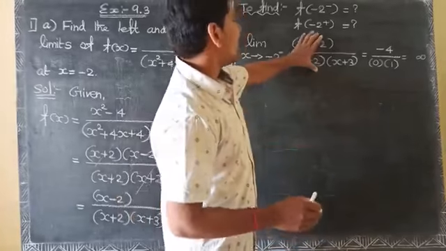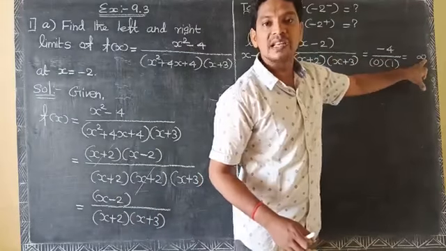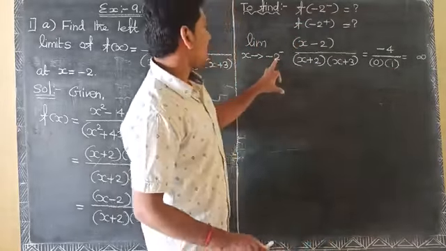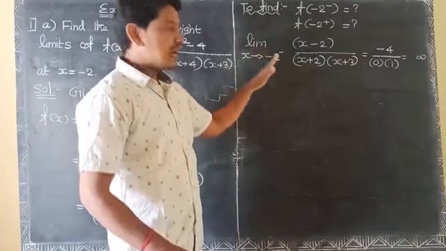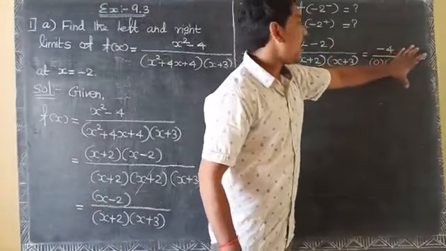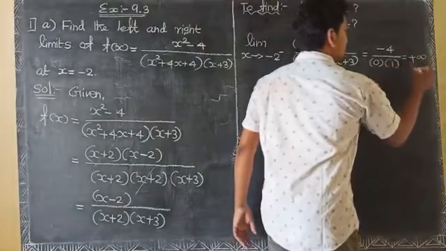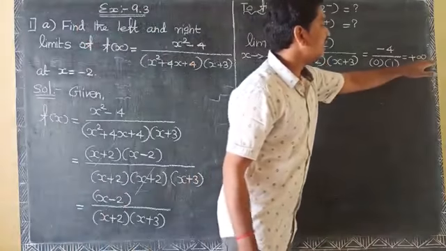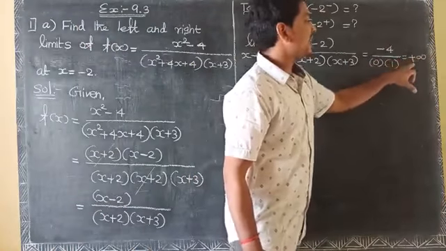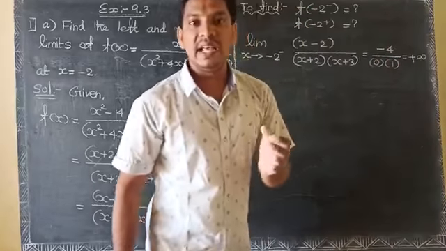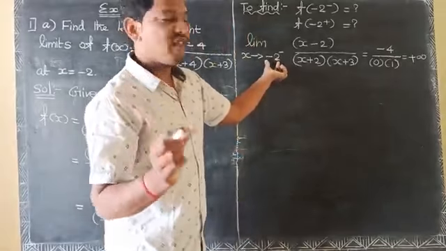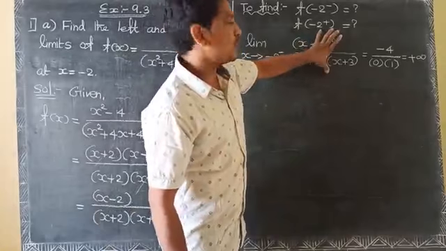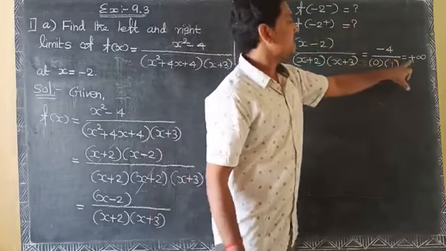How to identify whether the function approaches plus infinity or minus infinity: we take a deleted neighborhood point of minus 2 from the left side and substitute the value into the function. Students, check it: the function approaches plus infinity.